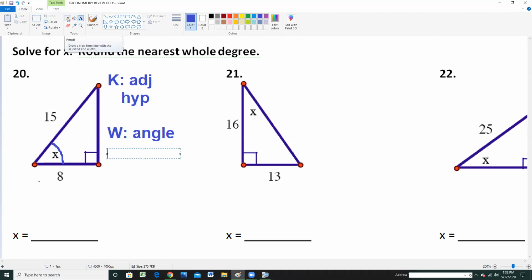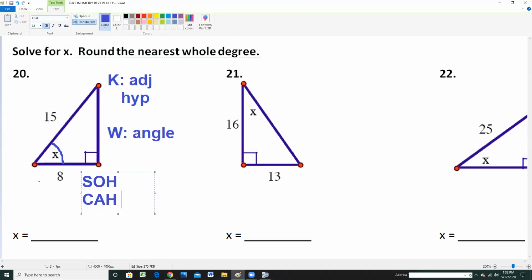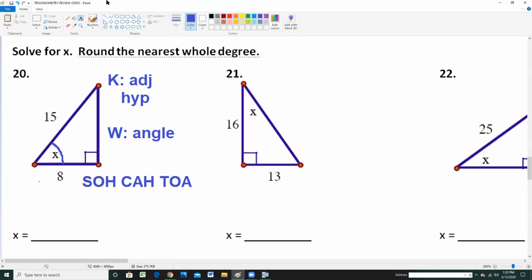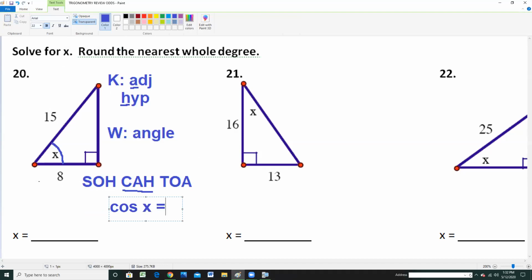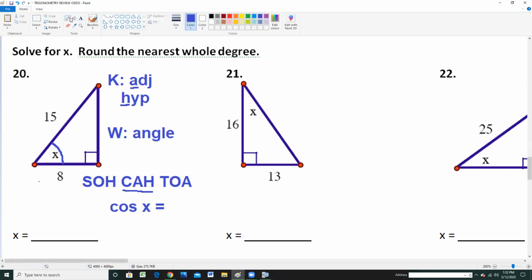Okay, I'll show you what I mean by that here in just a second. If we go with our cheesy phrase, and we've got adjacent and hypotenuse, A and H, that means we're going to do cosine. So we're going to say cosine of x equals, the adjacent side is 8, the hypotenuse is 15.